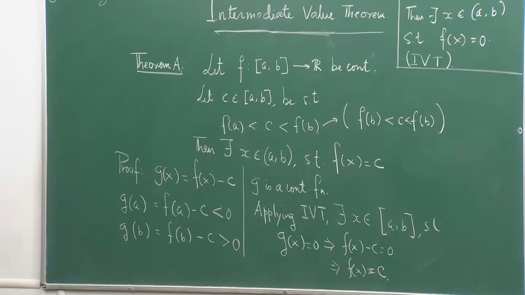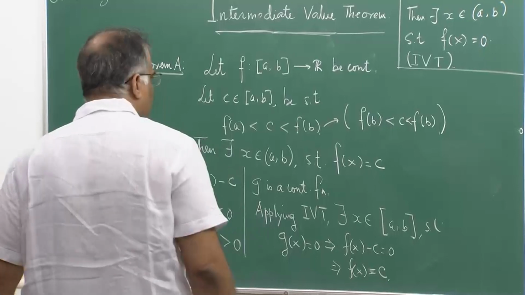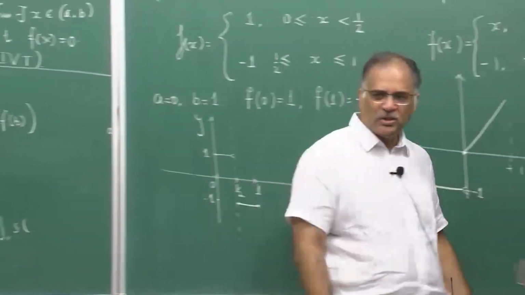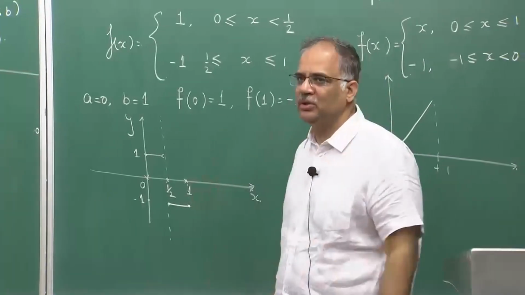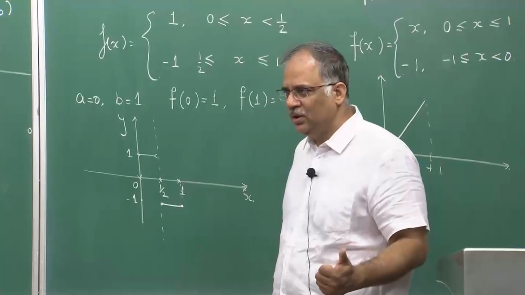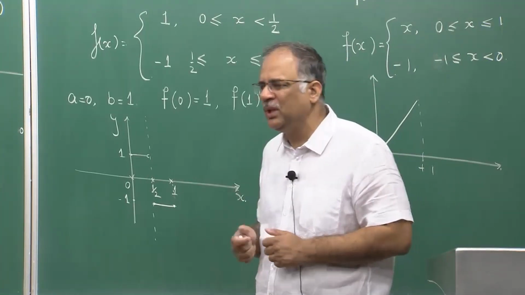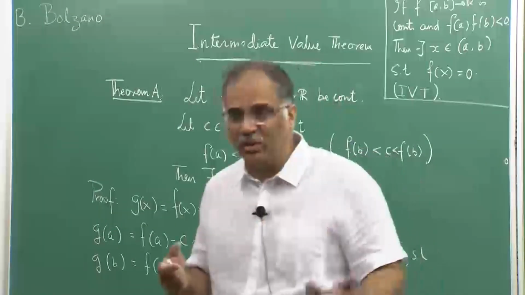Okay. Let us look into another interesting consequence of this. Can I prove this fact? Every positive number has a square root. If I tell you, prove to me that every positive number has a square root, you would immediately try to take positive numbers and compute the square root and say, come on, it is obvious, you can calculate the square root of positive numbers, what is so big about it?